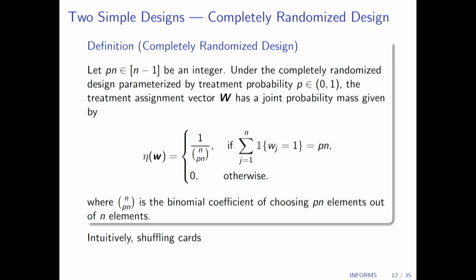And then the joint probability is equal to 1 over n choose pn. If the total number of treated units does not sum to p times n, then this treatment assignment vector has probability 0 of being selected. So that is the completely randomized design.